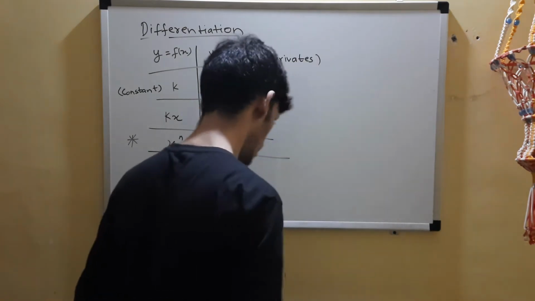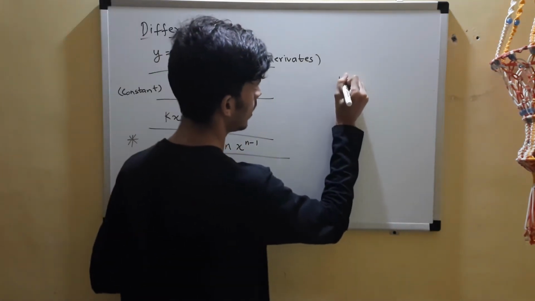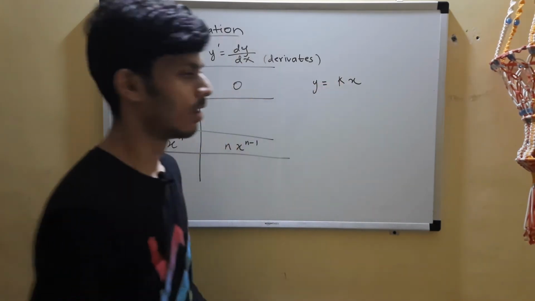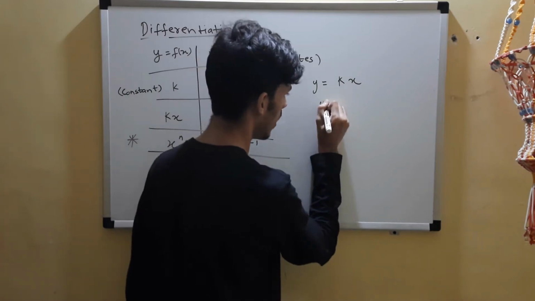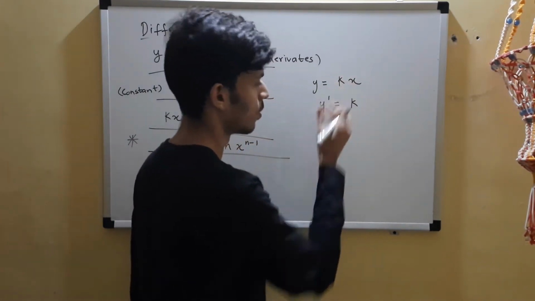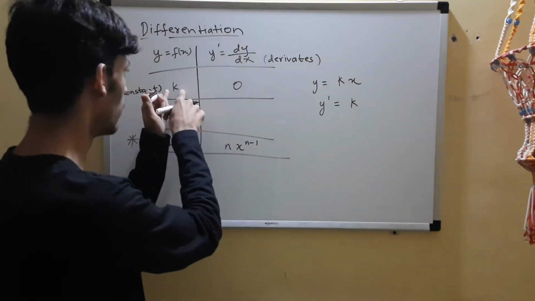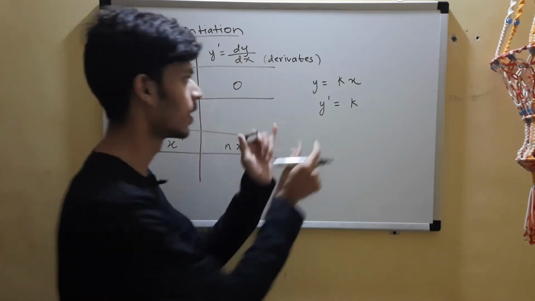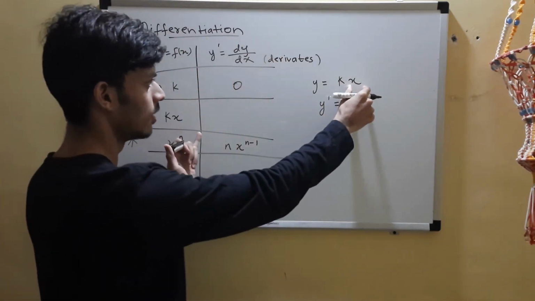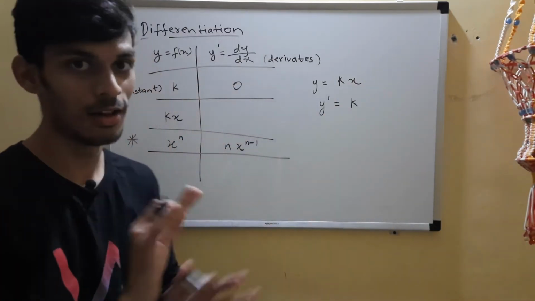Those were the examples. Now let's come back to this kx. What if we have kx? So y is equal to kx. It's very simple. You just have to remove the constant out. A constant in multiplication won't be affected. If it's alone, it becomes 0. But a constant in multiplication with the variable won't be affected.